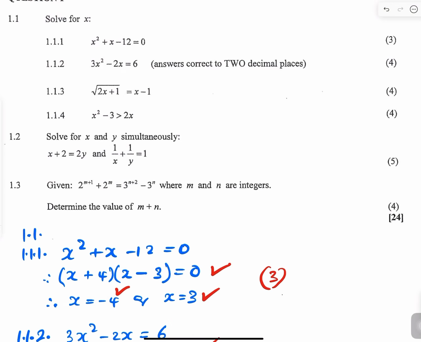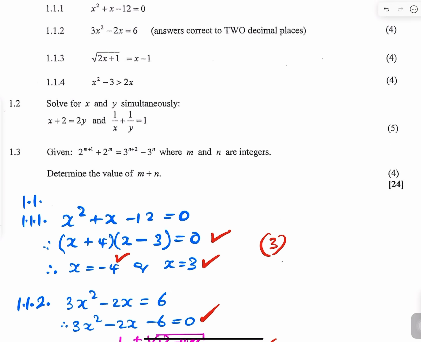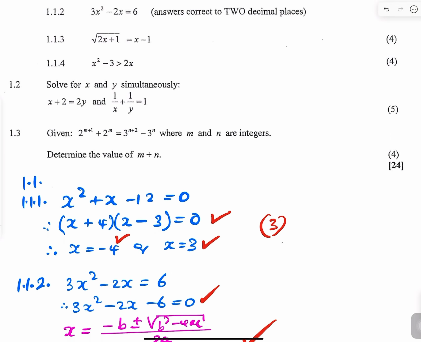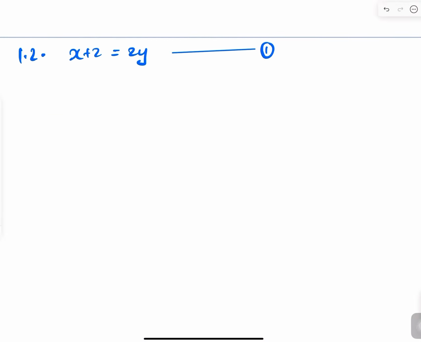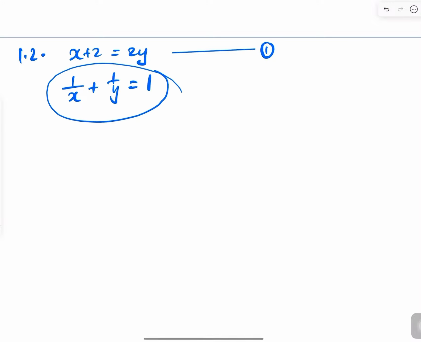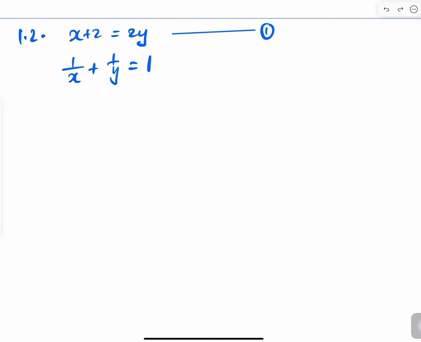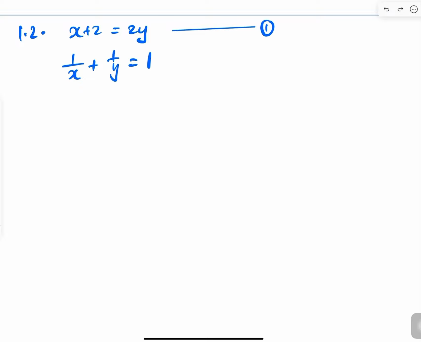Let's check then the second equation. It's 1 over x plus 1 over y is equal to 1. Allow me to simplify this equation 2 properly, because it looks weird. So I'm going to multiply both sides by xy.